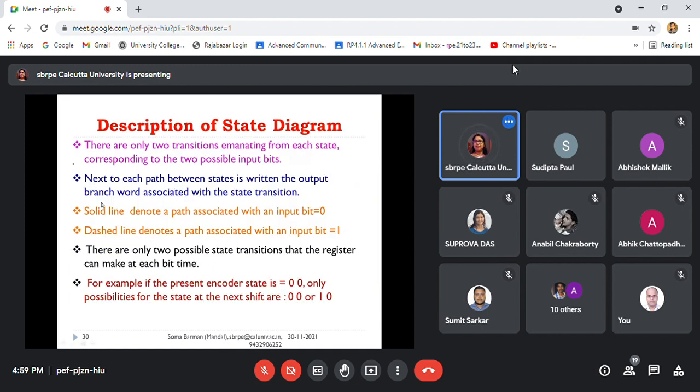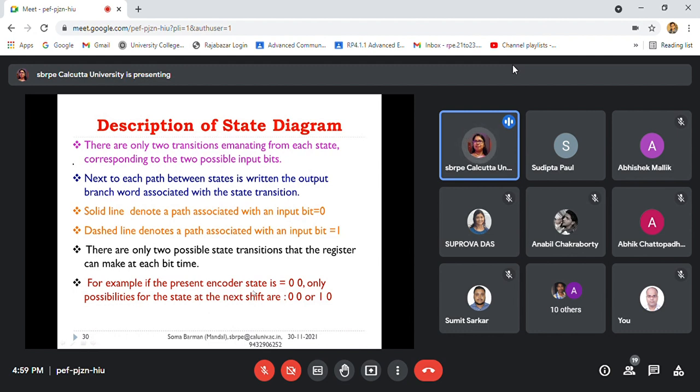And I already mentioned this: the solid line denotes the path associated with the input bit 0, and the dash line represents the input bit 1. Okay, and there are only two possible state transitions. Clear?